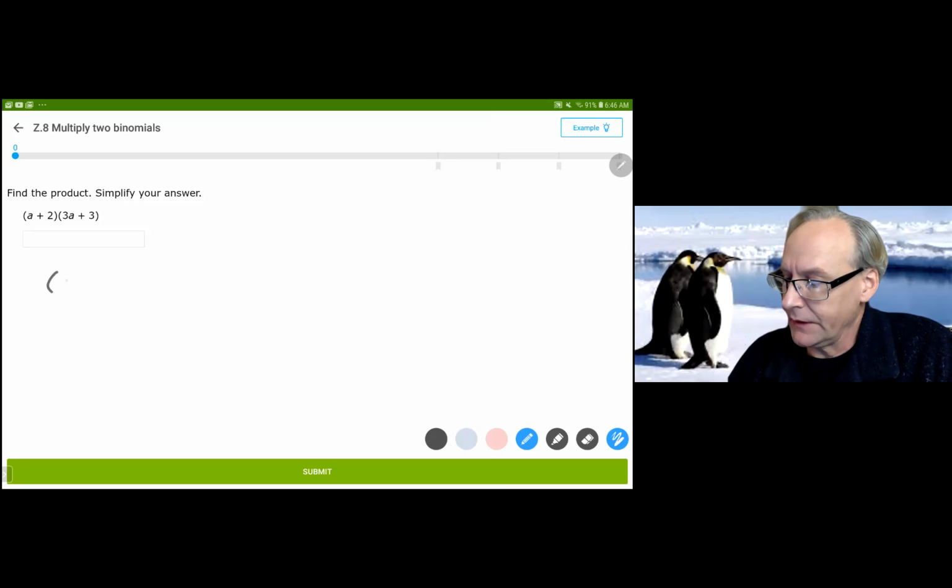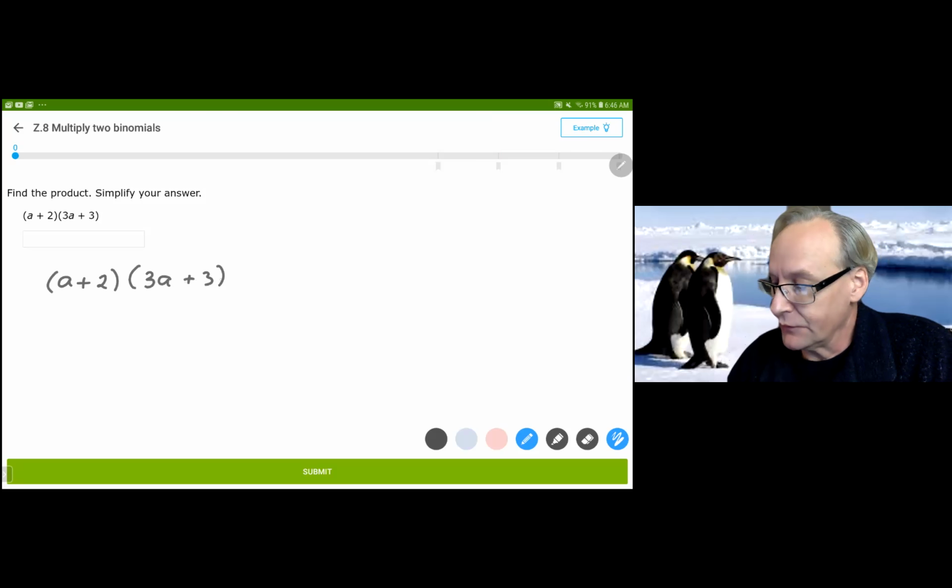Anyway, let's get started. A plus 2 times 3a plus 3. And of course, we're going to use the most common one, which is I'm going to multiply the first term times the first term. That's the F part. And we multiply a times 3a, which is 3a squared.